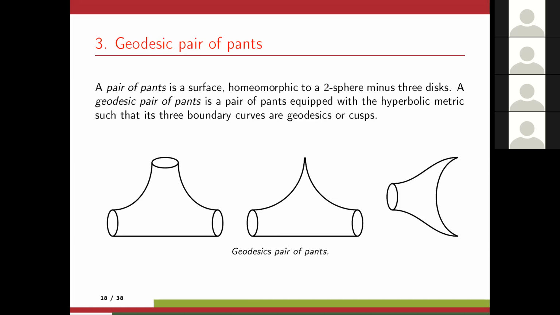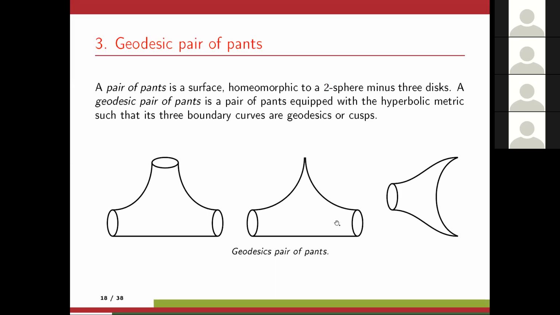It's an easy definition. A pair of pants is a surface homeomorphic to a 2-sphere minus 3 disks. A geodesic pair of pants is a pair of pants equipped with a hyperbolic metric so that its 3 boundary curves are geodesic or cusps. In the first picture, on the left, you can see a geodesic pair of pants having exactly 3 geodesics in its boundary.